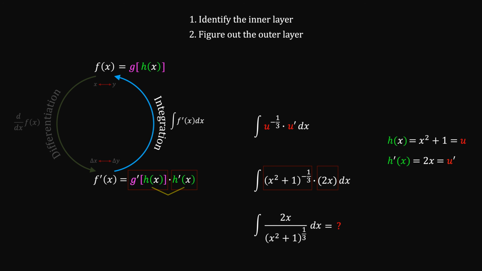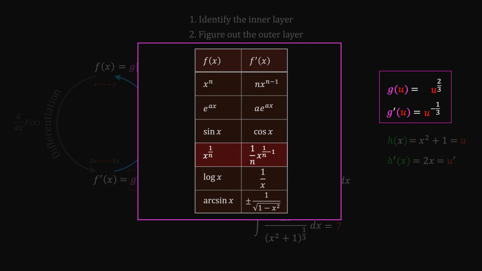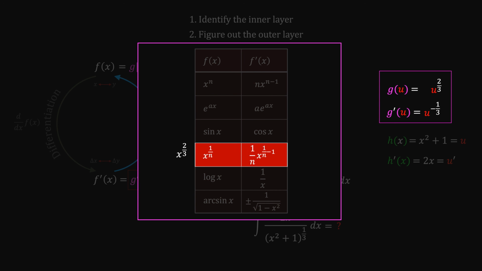Then figure out the outer layer based on its derivative. Which function, once differentiated, would give us u to the power of negative 1/3? It should have u to the power of 2/3, because, according to this differentiation table, after differentiation, u to the negative power 1/3 would appear.